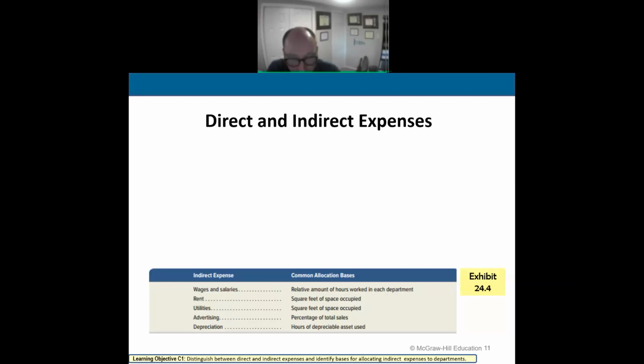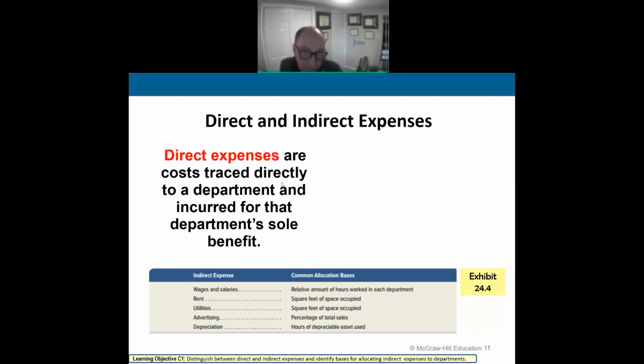So in understanding how that works, there are direct expenses and indirect expenses, and we allocate these expenses to the departments in a certain way.